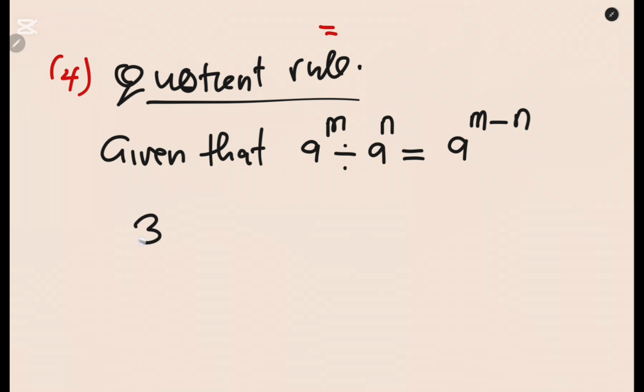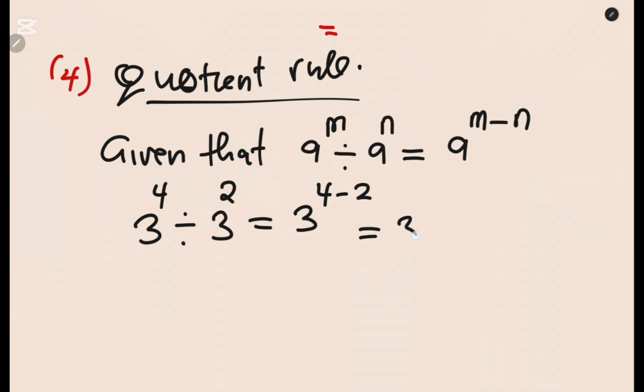This time around, let us say 3 to the power 4 divided by 3 to the power 2. This one is going to become 3 to the power 4 minus 2, and it becomes 3 to the power 2. 3 to the power 2 is 3 times 3, and this is equal to 9. So that is how you apply the quotient rule.